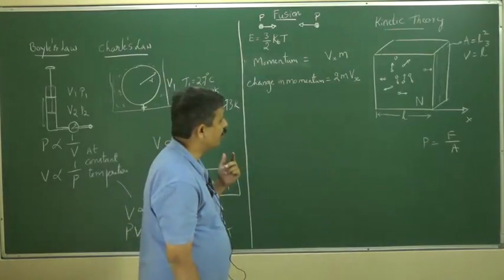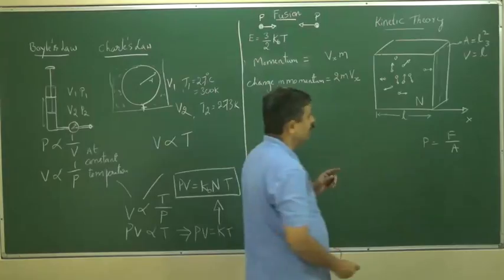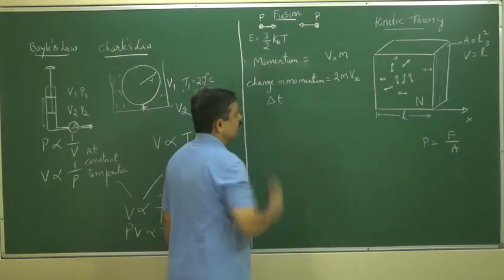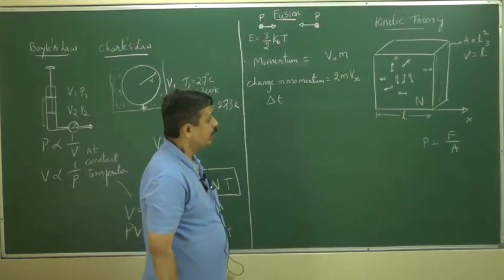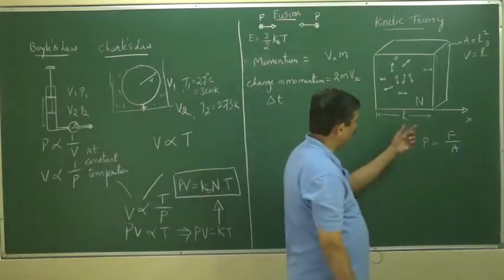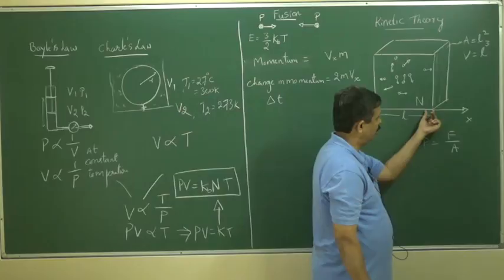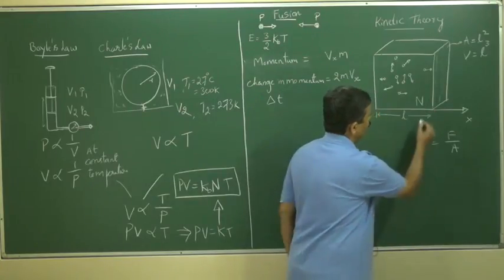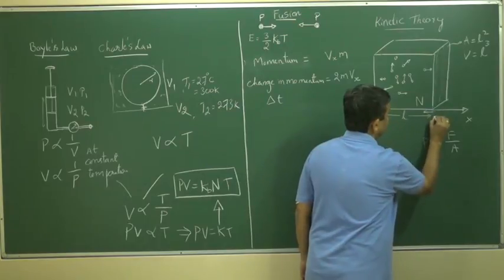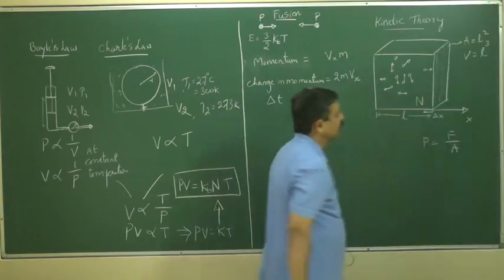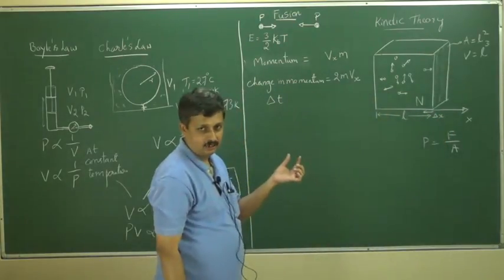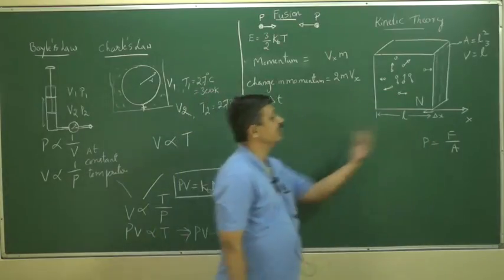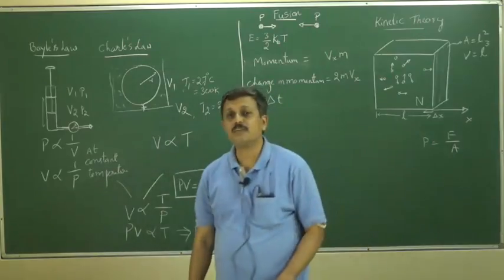So what to do for that? How do we find that out? Let us say we talk about a small amount of time delta t. Within that delta t, whichever molecules were at a certain distance, I will call it some delta x, whichever could travel to that point would hit it.